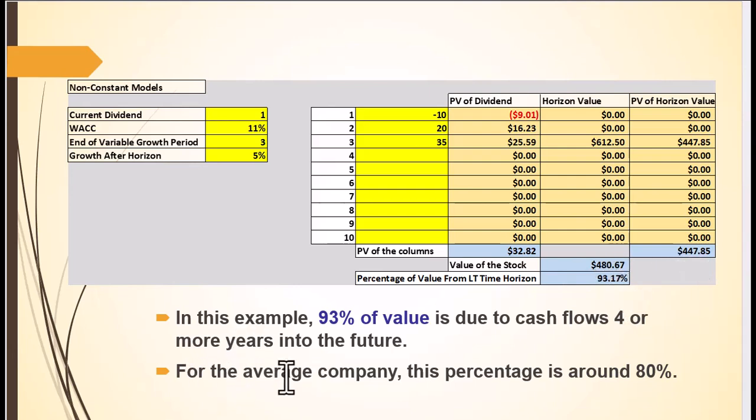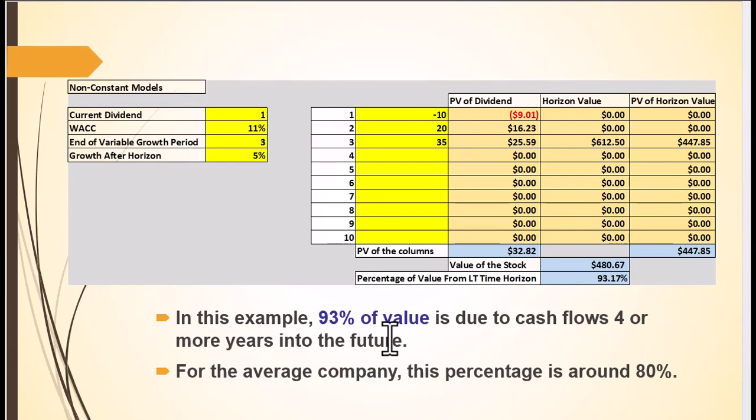The text tells us that the average company, it's about 80%. So again, most of the value, more than average, comes from long-term decisions. How would we analyze that, if you will? Well, think about it.